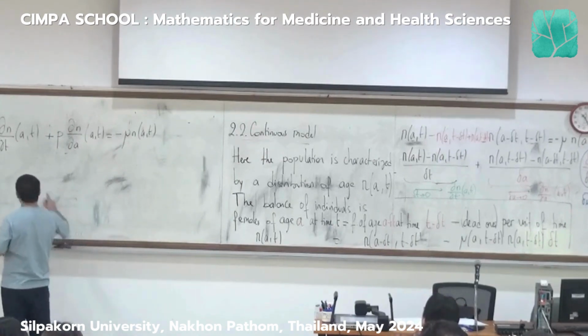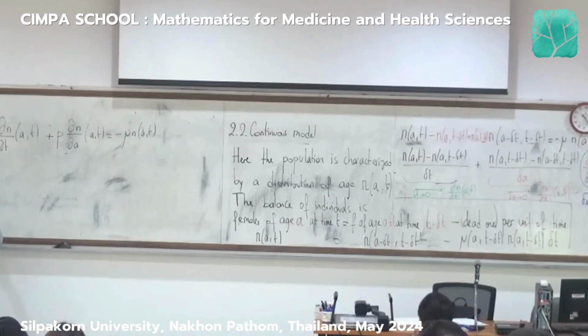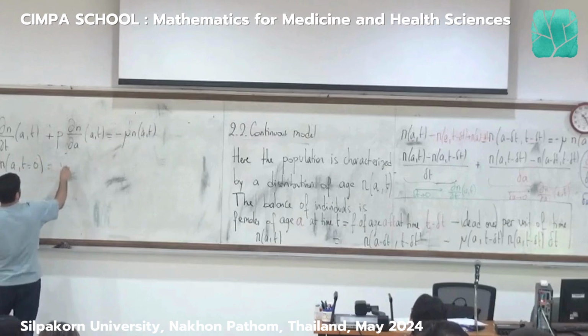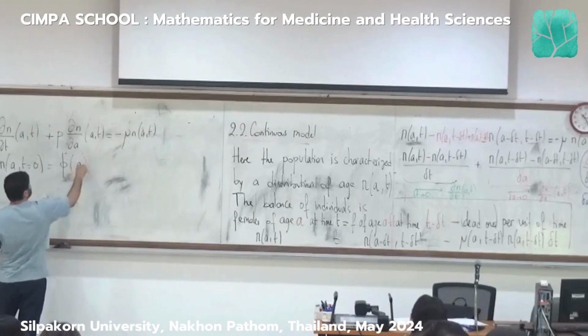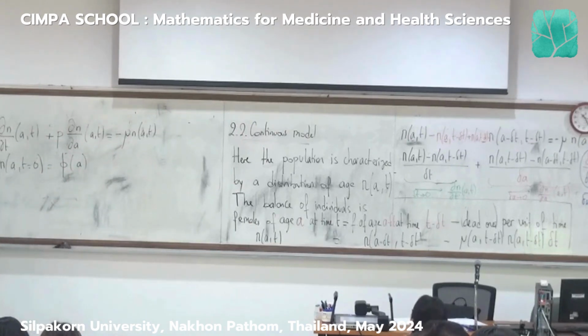Okay, so you will see the proof for that. But we need to have the initial condition, at time 0, so you have an initial distribution of age, and we need also the boundary condition. So what happens at age 0? So h0 is exactly what we have done for the discrete model. You have to sum all the terms.